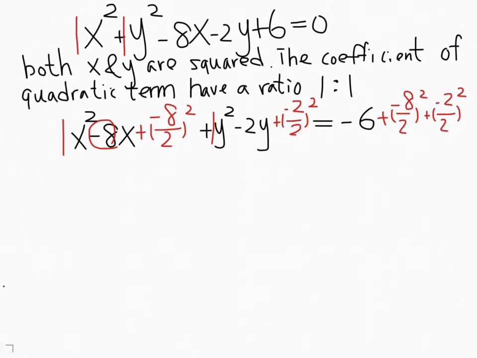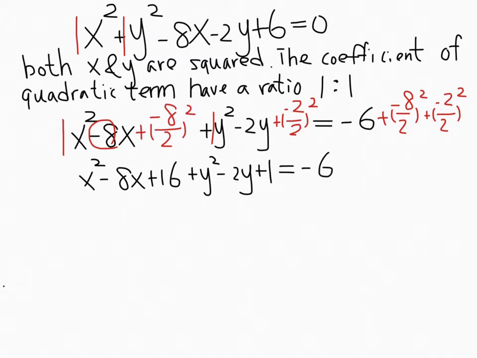For x squared minus 8x, negative 8 divided by 2 is negative 4, and negative 4 squared is 16. Negative 2 divided by 2 is negative 1, squared is 1. So on both sides, you can see I am adding 16 and adding 1. So basically, I did not change the equation at all.